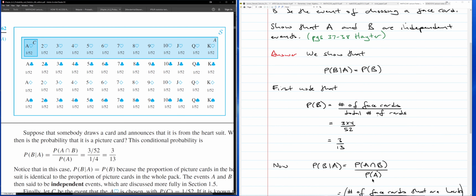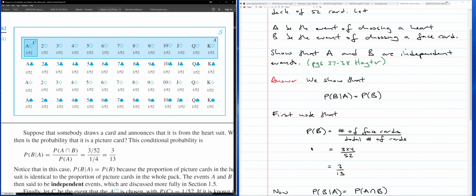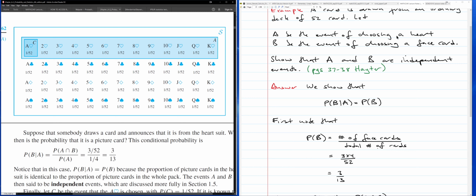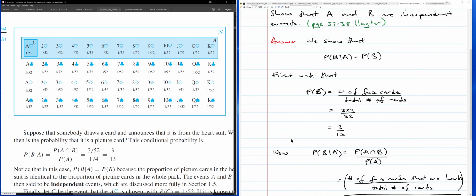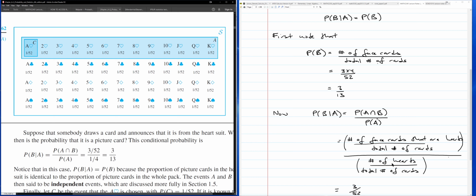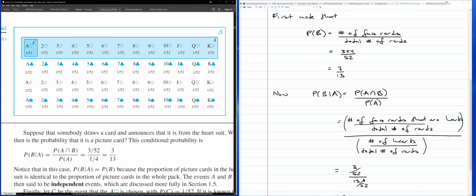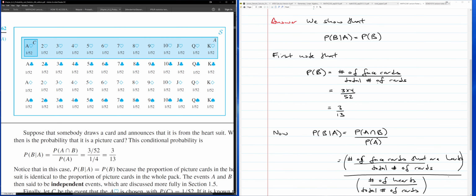Well, let's first work out the probability of A. A is the event of obtaining a heart. Now you have 52 cards, 13 of which would be hearts. So the probability of getting a heart is the number of hearts over the total number of cards, which is 13 on 52.